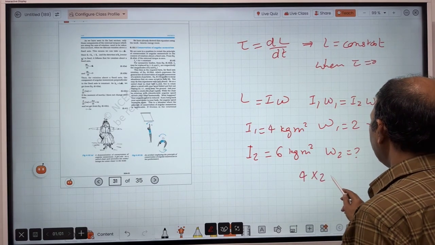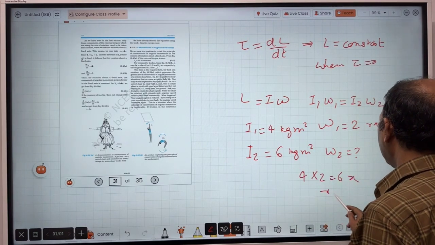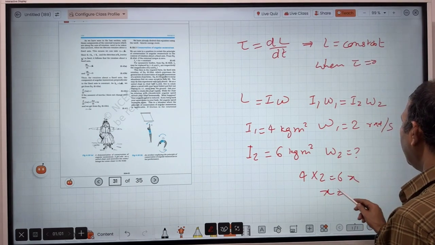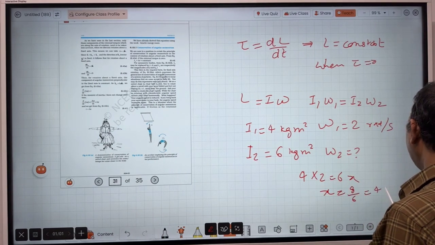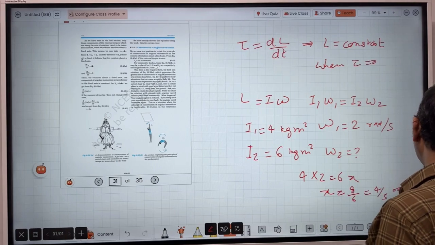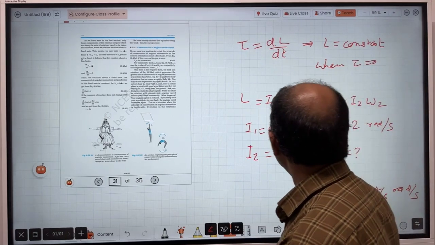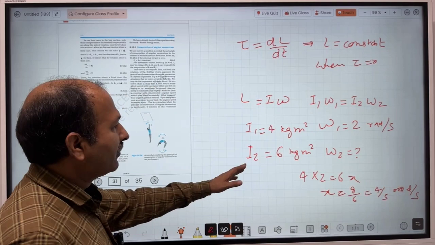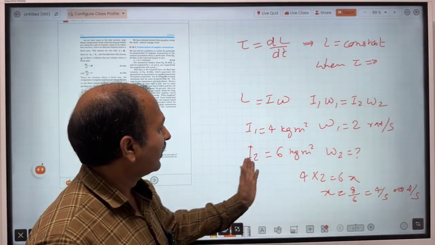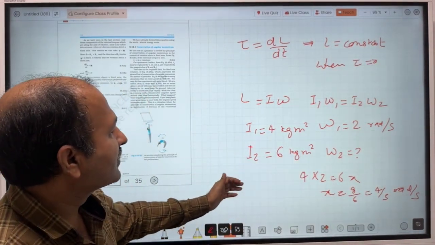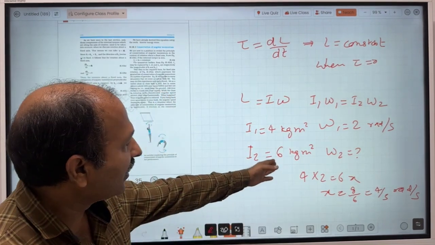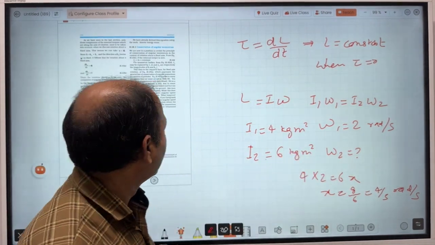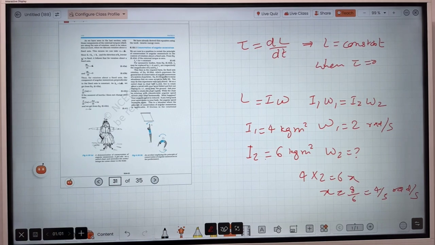In that case x, meaning omega 2, will be different, but it will be less: 8 by 6, that is 4 by 3 radian per second. So what you have observed, if omega is increasing, in that case I will decrease and vice versa. Here I is increased, so omega has decreased. So there are many applications that you can read.